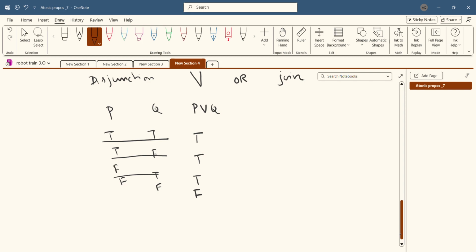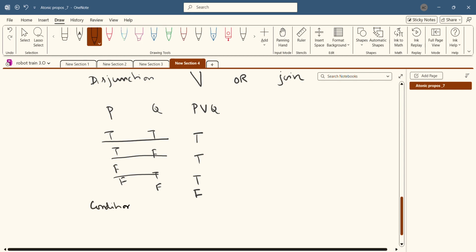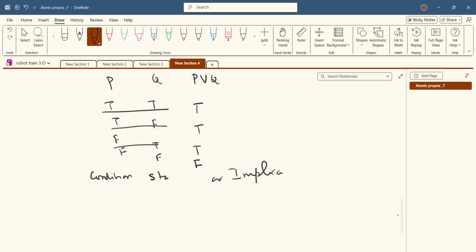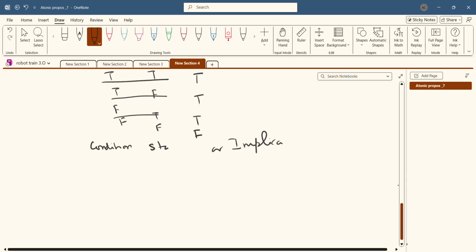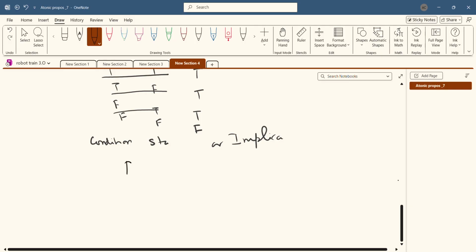Third one, conditional statement, or we can call it an implication statement. Okay. So how are we going to write the truth table for implication? Once again we have two simple propositions P and Q. The first column is 2 trues followed by true false, and the second column is 1 true followed by 1 false.